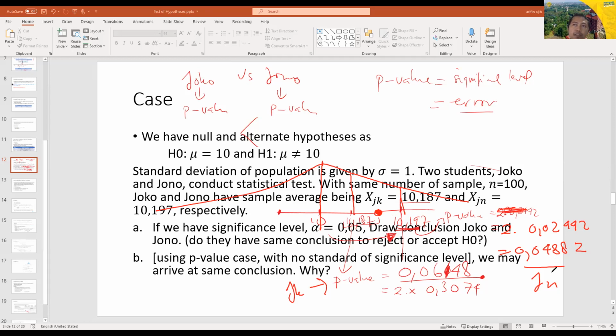Based on the Jono system, it is classified as correct. But if we base on the Joko system, it is classified as wrong or error.